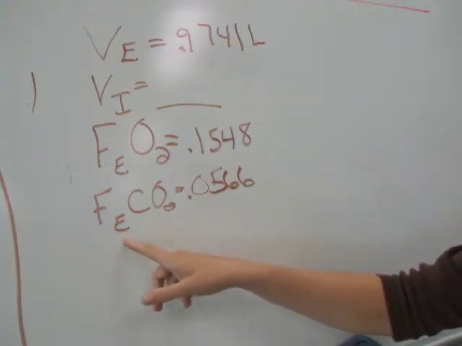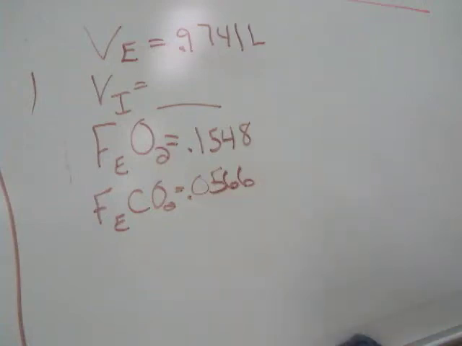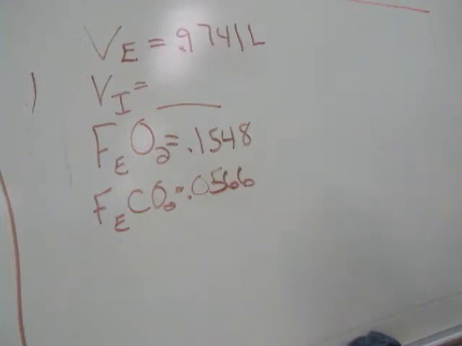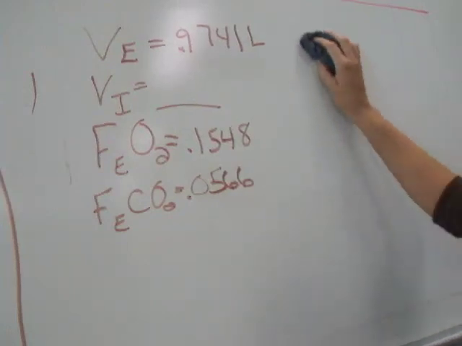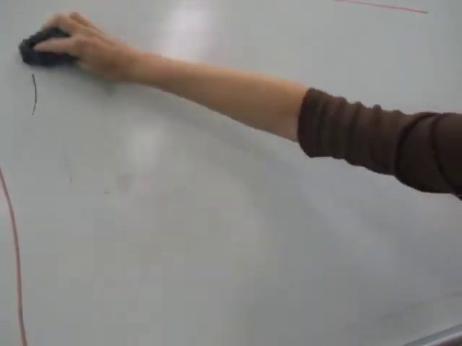And then the fraction of expired carbon dioxide is 0.0566, or 5.66%. So the first thing that you need to do is find out the volume of the air that was inspired, and you're going to use the Haldane transformation for that. If you already got these numbers, I'm going to erase them so that we can do the problem.